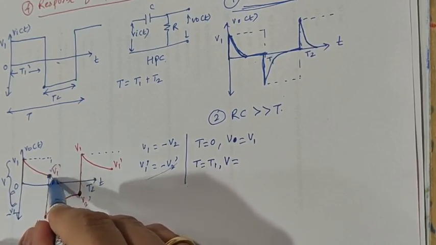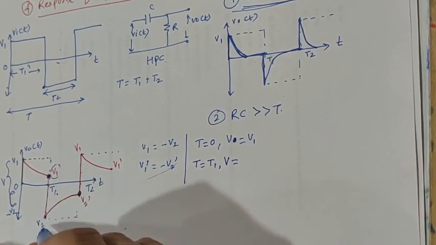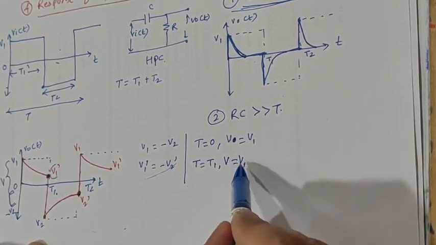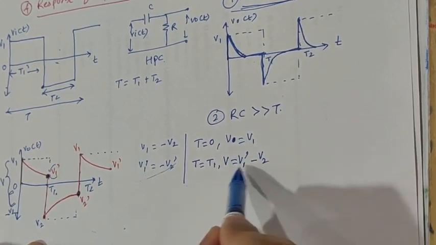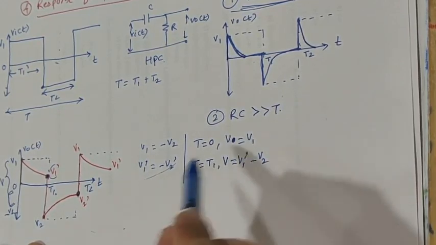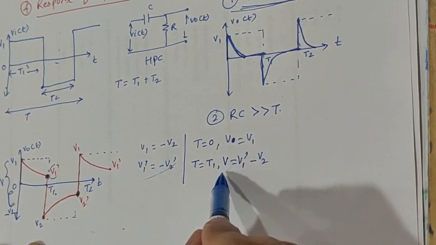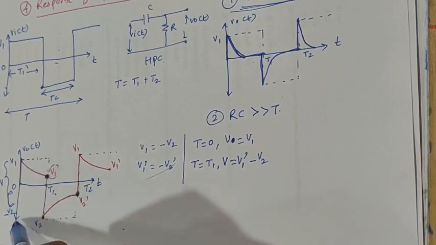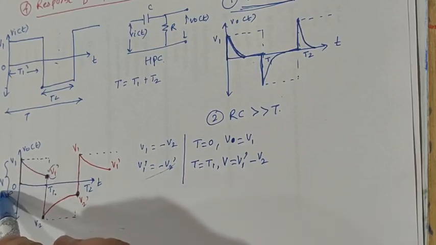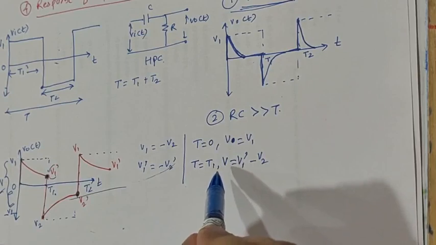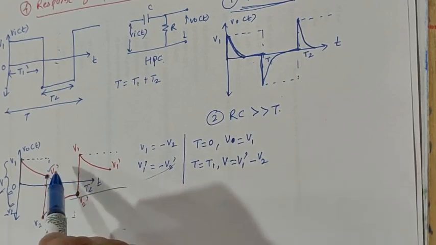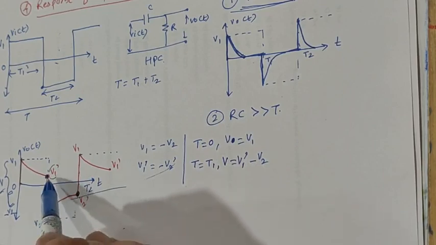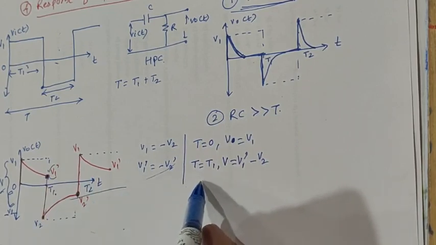Above the axis it is V1 dash and below the axis it is minus V2. So I can write V1 dash minus V2 as the output that you will be getting at t is equal to T1. Rather than V0, I am writing V intentionally, because it is the end-to-end value. If I consider V1 and V2 together, it will give me the value V, which is the output. So V is equal to V1 dash minus V2, because this value is minus V2.